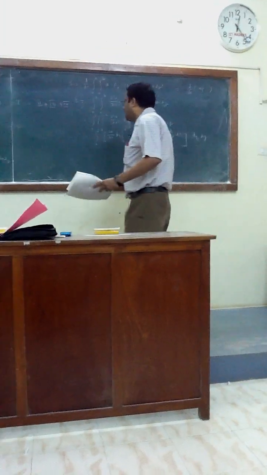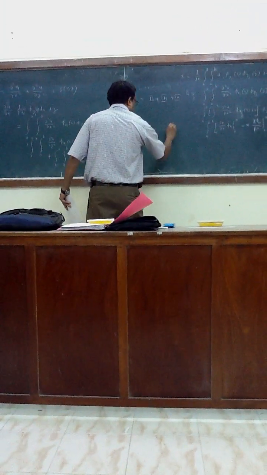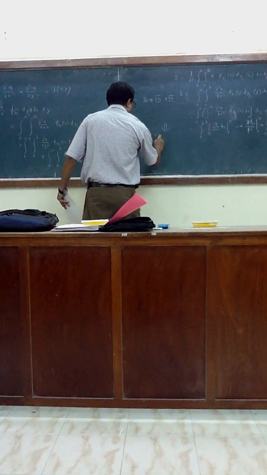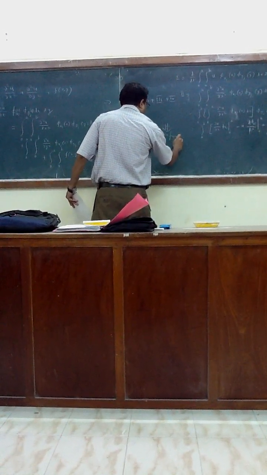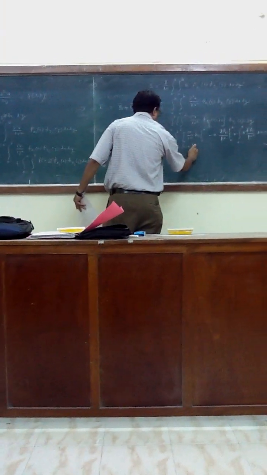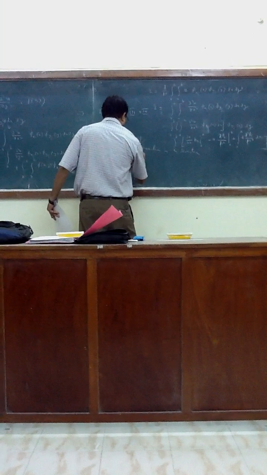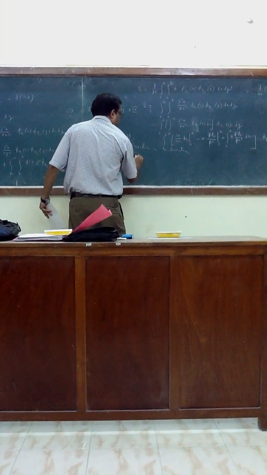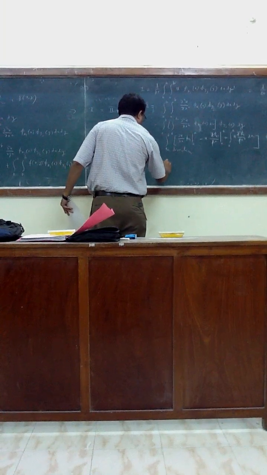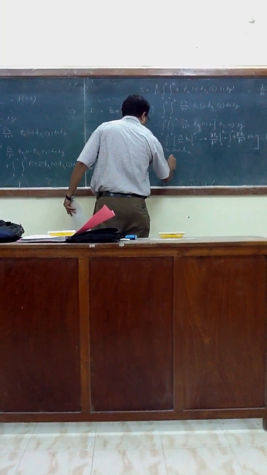And this leads to the definition of the eigenfunction in the x direction. And how to define it? The definition of the eigenfunction says d2 phi xi dx square equals minus lambda xi phi xi.